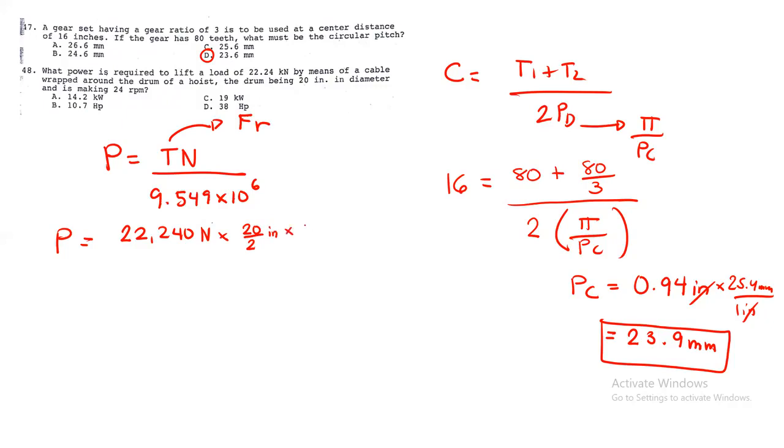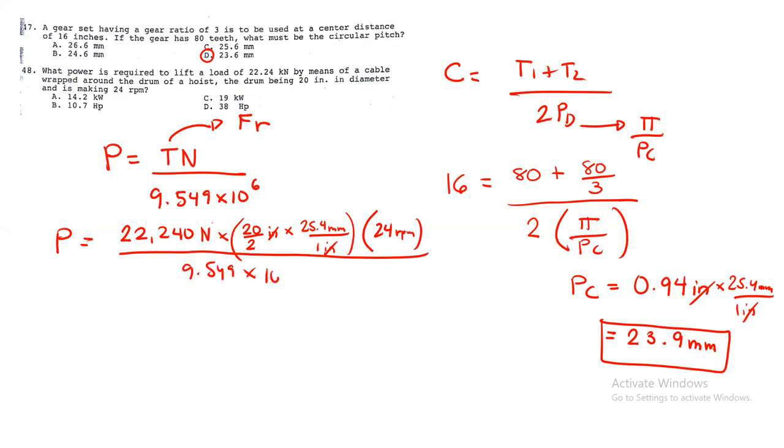So, convert natin into mm, so 25.4 mm per 1 inch. Times n. So, ano yung n natin? 24 RPM. Divided by 9.549 times 10 raised to 6.